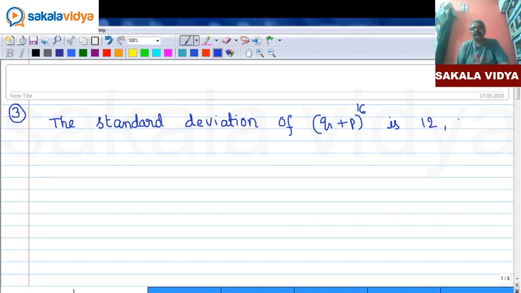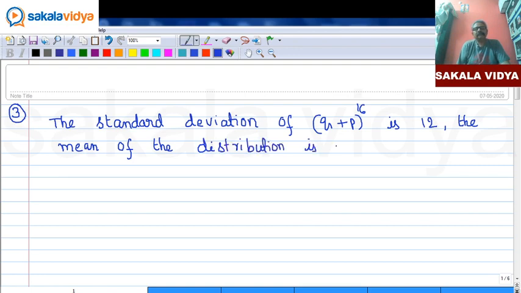The mean of the distribution is, first option 2, second option 8, third option 16, fourth option 20.